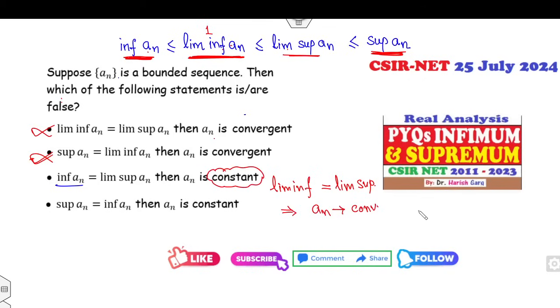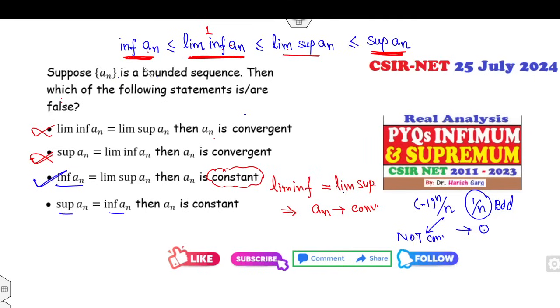It is not true. Why? Because if I choose a simple sequence, 1 over n, is it bounded? Yes. Limit infimum and limit supremum are the same, which is 0, but is it constant? No. So that's the correct option.